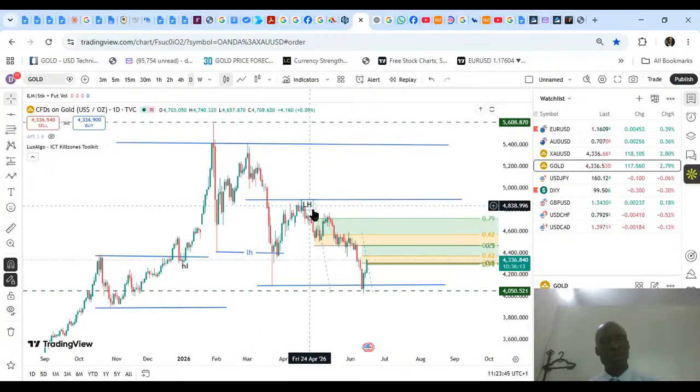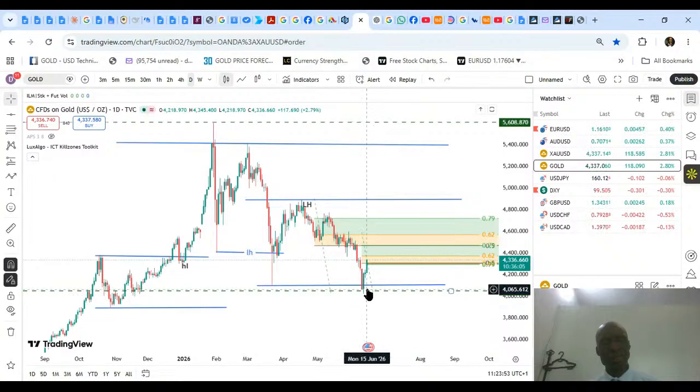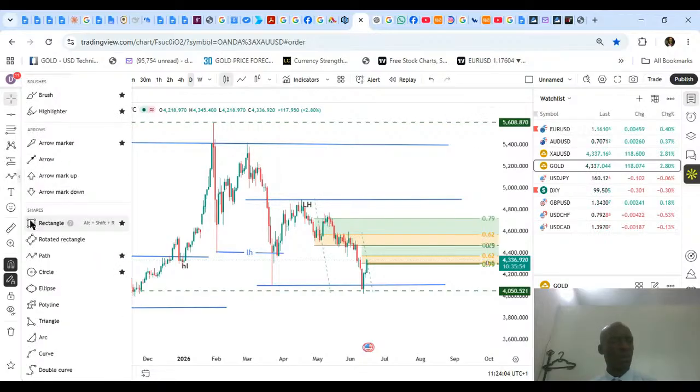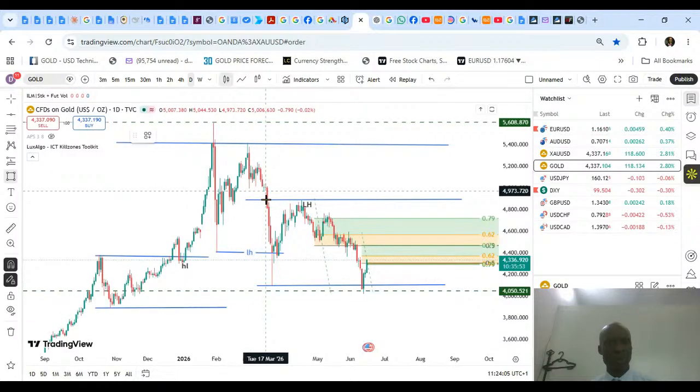We'll be able to demarcate the key levels, the recent resistance on the higher time frame, and the recent support. So these are the two levels. And when we mark it out, from here to here now becomes our trading zone.